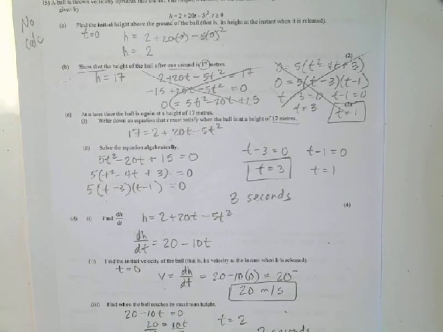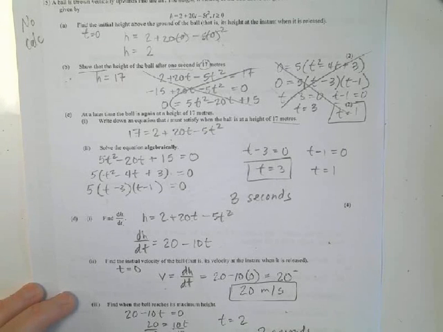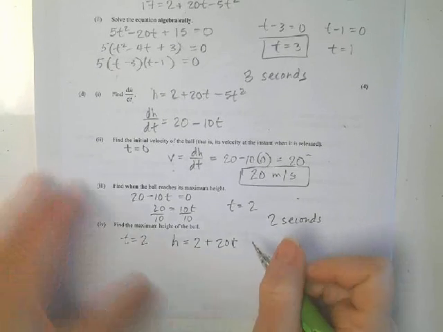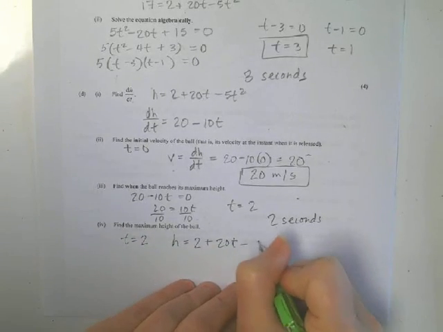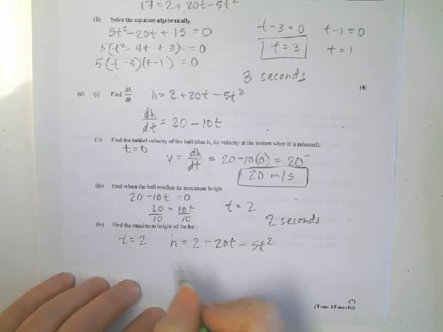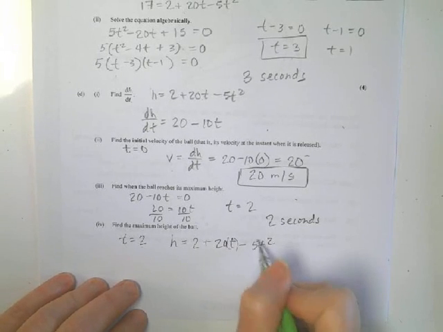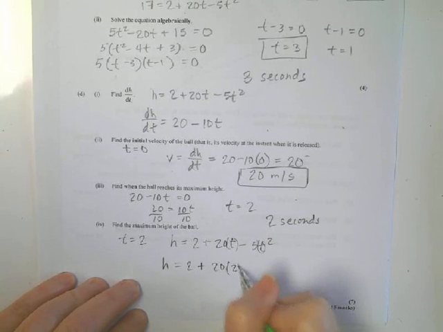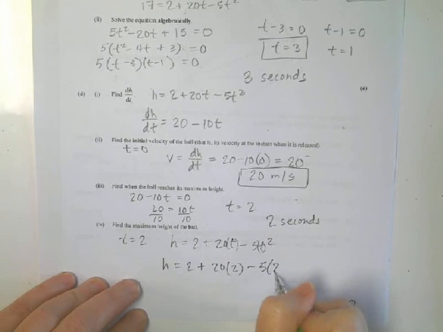Find the maximum height of the ball. So I know that t is equal to 2, so I need to find the height. Height, again, back to the original formula, is this. Am I off the bottom of the page? Oops, sorry about that. Minus 5t squared, so I'm just going to plug in 2 for my t's. So h is equal to 2 plus 20 times 2 minus 5 times 2 squared.